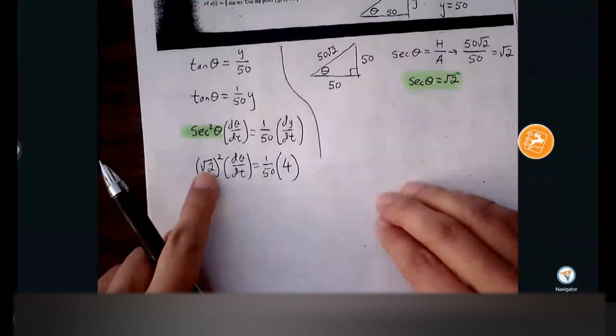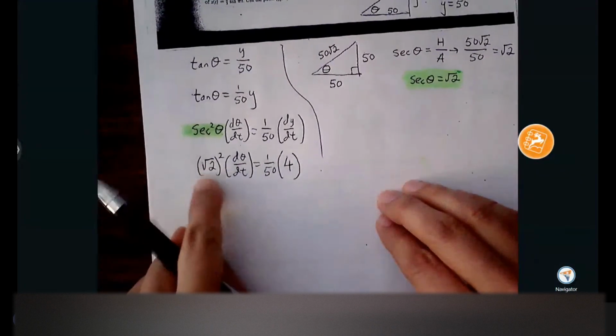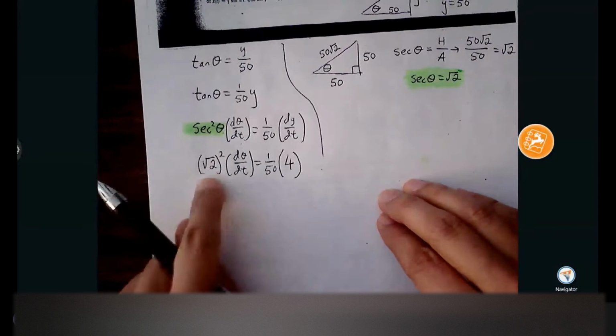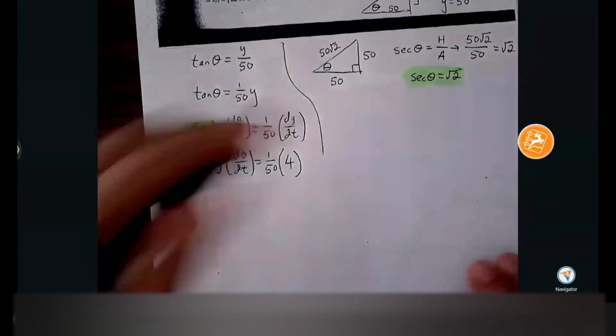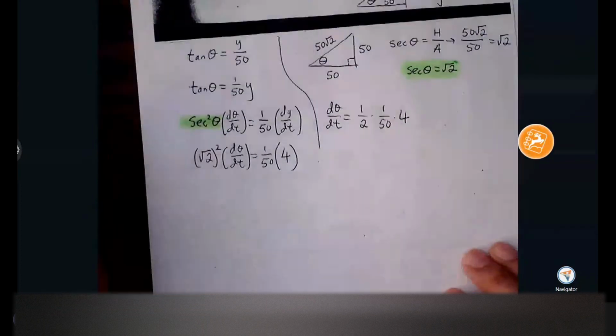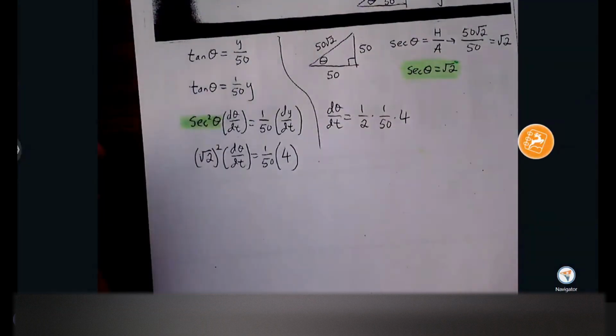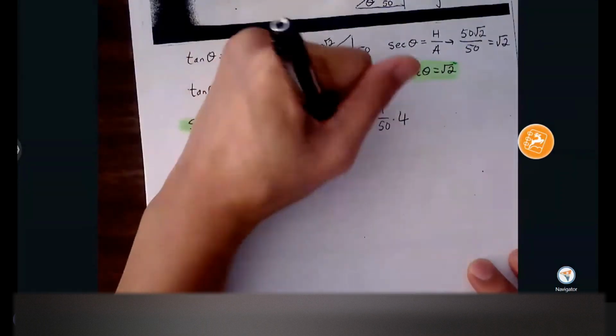And now we can just divide the root 2 squared over. Root 2 squared is just 2, so if I divide that over, that just becomes 1/2. We get 4/100, which is 1/25, and that's our d theta dt.